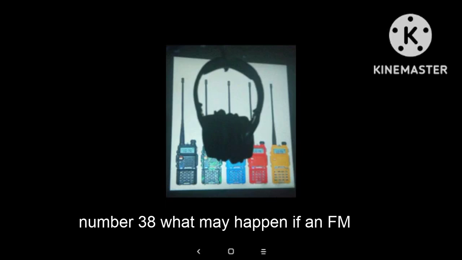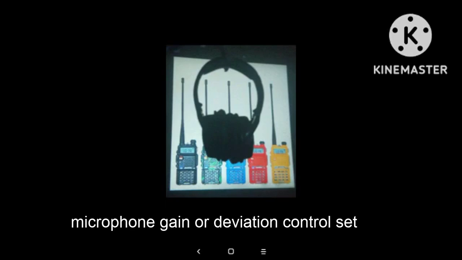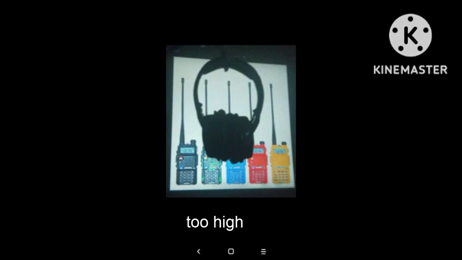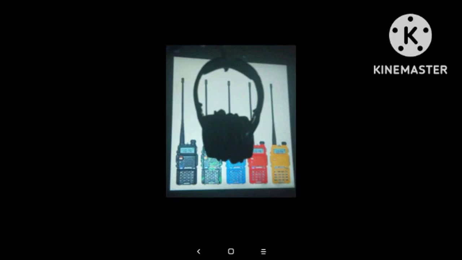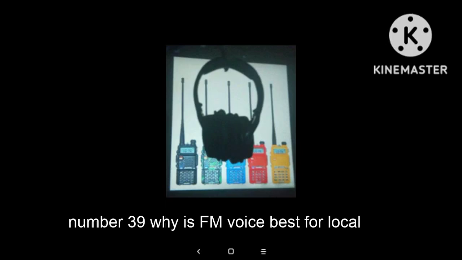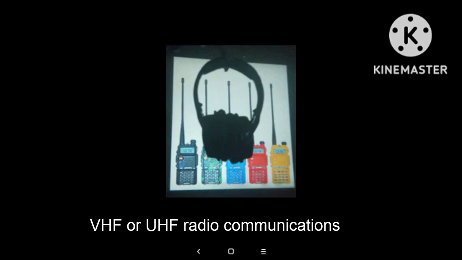Number 38. What may happen if an FM transmitter is operated with the microphone gain or deviation control set too high? It may cause interference to other stations operating near its frequency. Number 39. Why is FM voice best for local VHF or UHF radio communications?